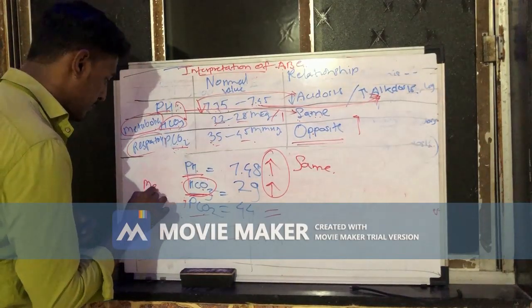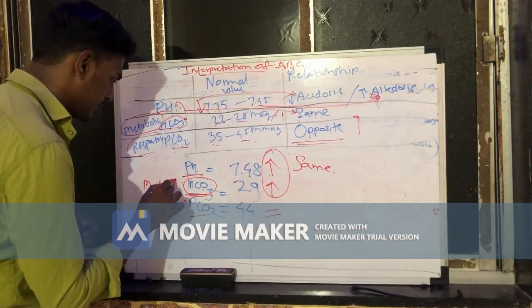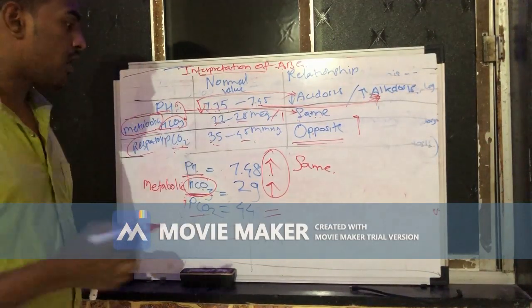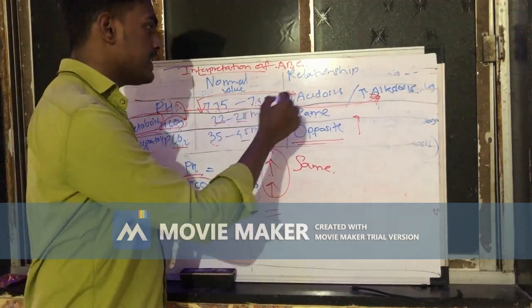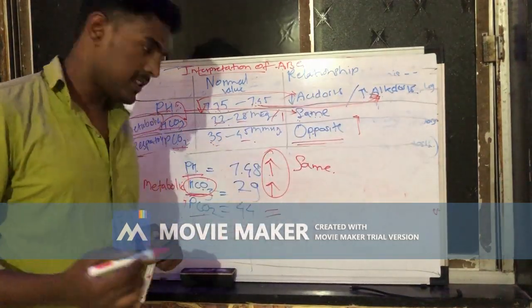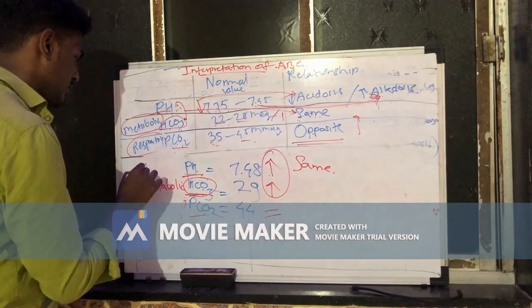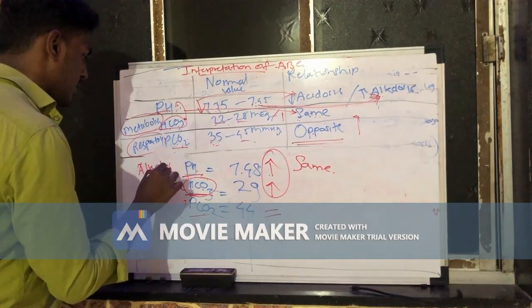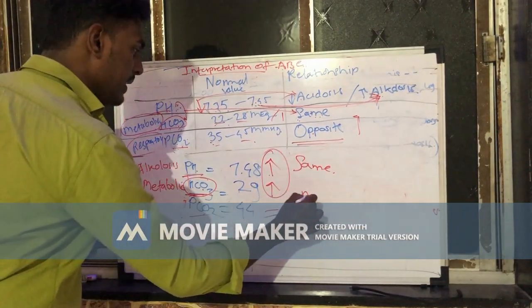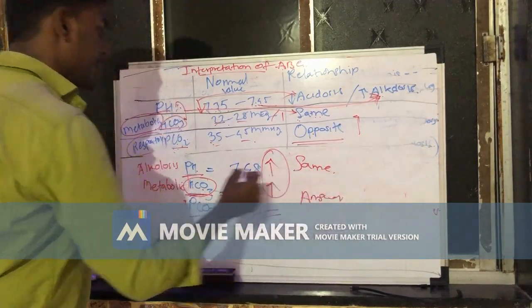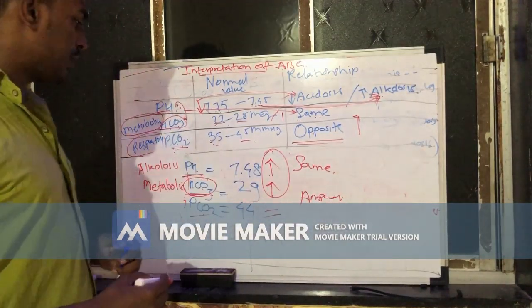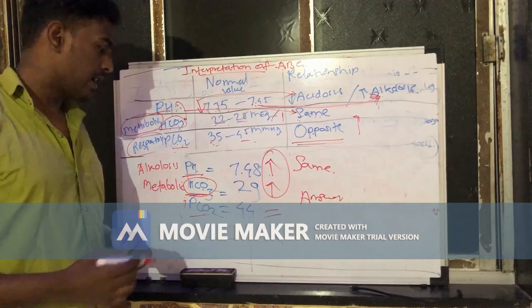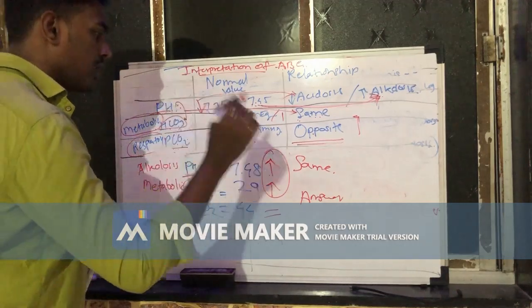Metabolic. And your pH is 7.48. If it is increased, what do we call it? Alkalosis. So what is the answer over here? The pH 7.48, HCO3 29, PCO2 44. Answer is metabolic alkalosis.